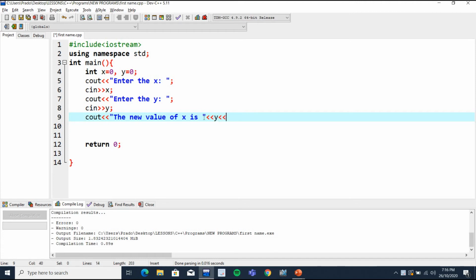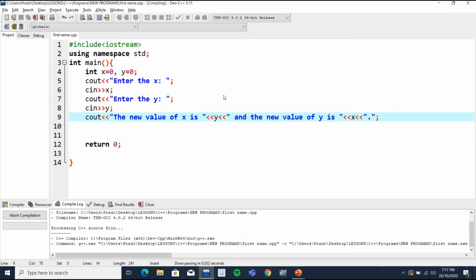And then, another quotation, the new value of y is, saka po yung ilagay natin is the value of x. And then, lagyan natin ng period. Ayan. Semicolon. We will run the program.